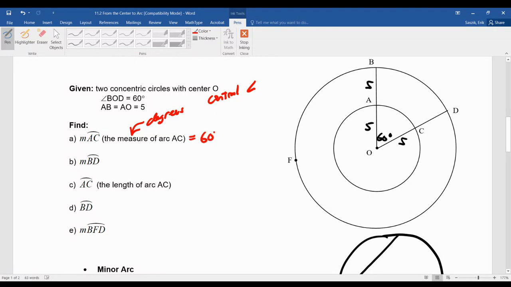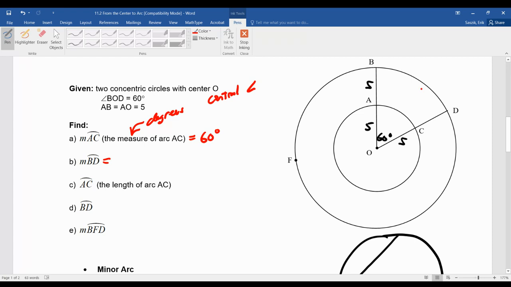The measure of this arc AC is just going to be 60 degrees, because a central angle is always equal to the arc that it intercepts. But this central angle is also a central angle of this big circle.